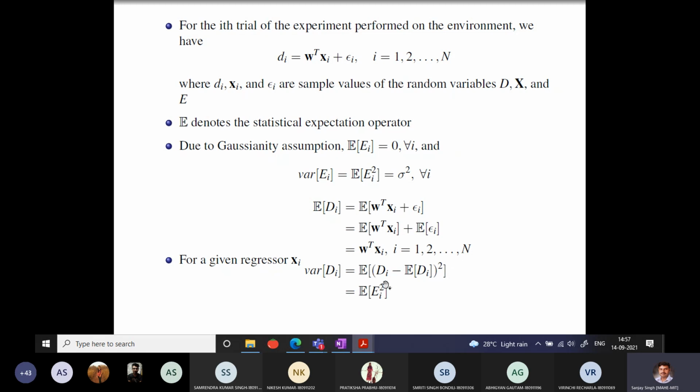If you square, that is epsilon_i squared, and this is nothing but sigma square. So ultimately, the variance of the desired response given the regressor is sigma square. And this is obvious because we have made such an assumption itself.